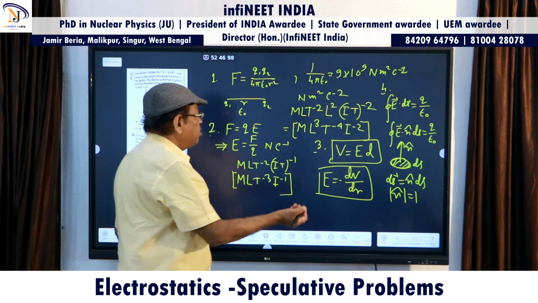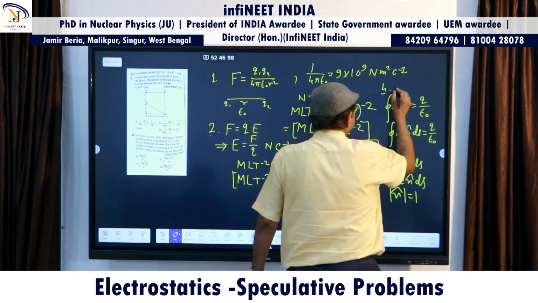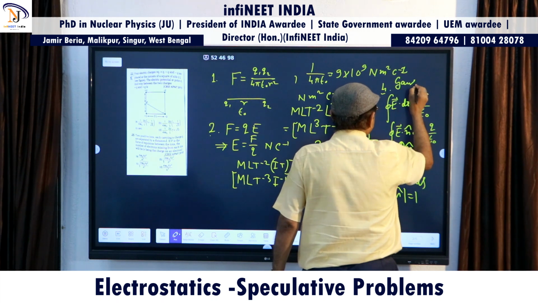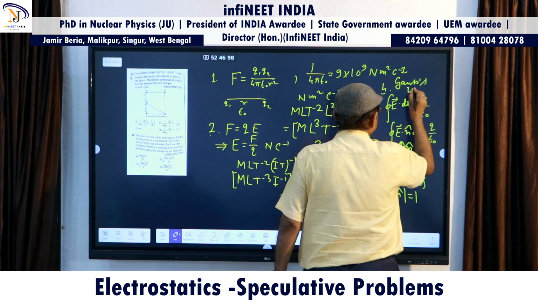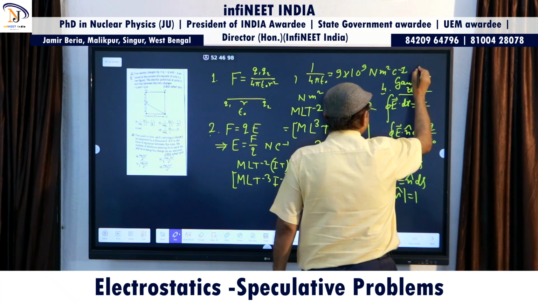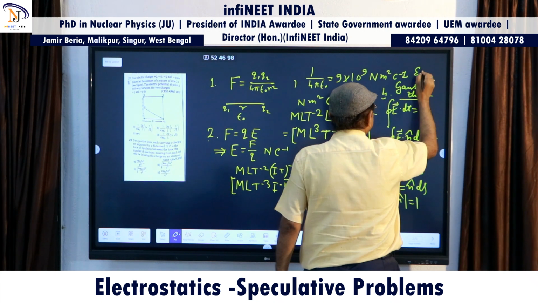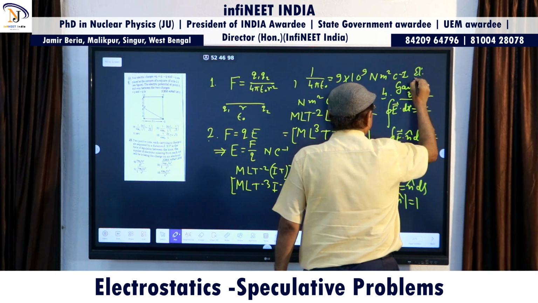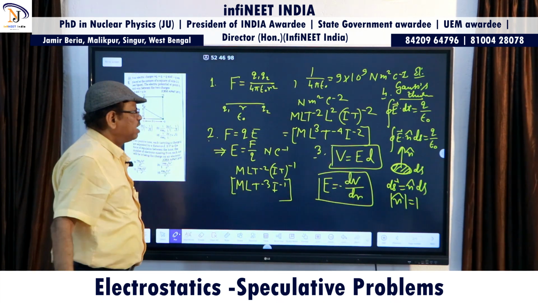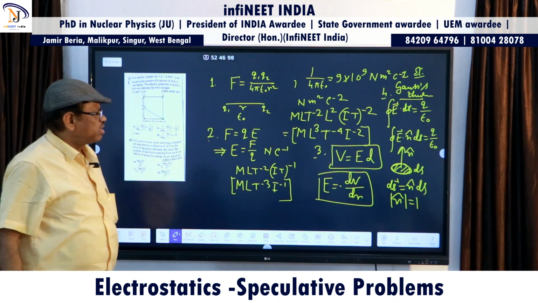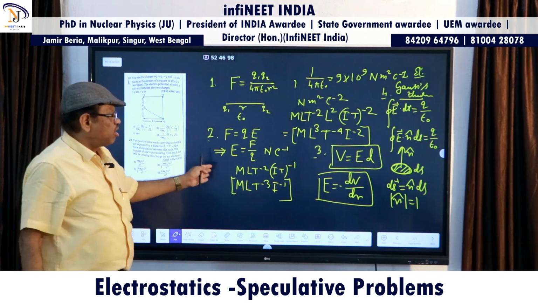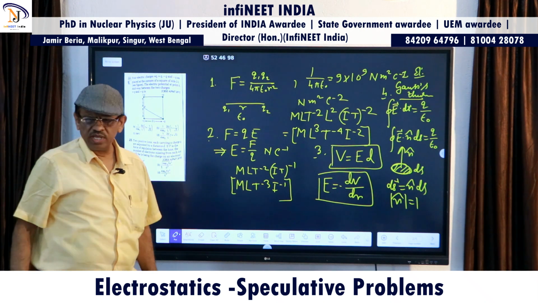So this is your Gauss's theorem in case of electricity. Okay, clear? Then if you wish to take a photograph, you just do it. Then this is all about your basic formulae.